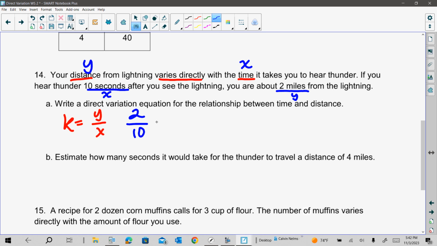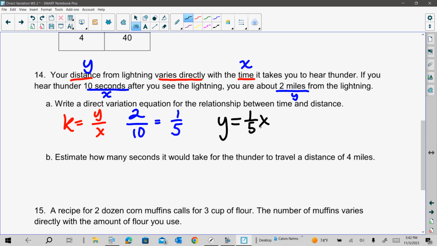And then this can be reduced to 1/5. Now, this is our equation: y equals 1/5 x.